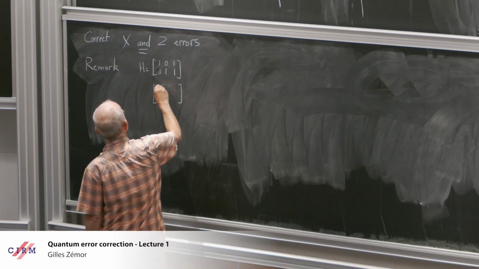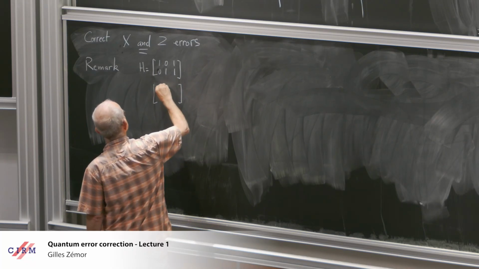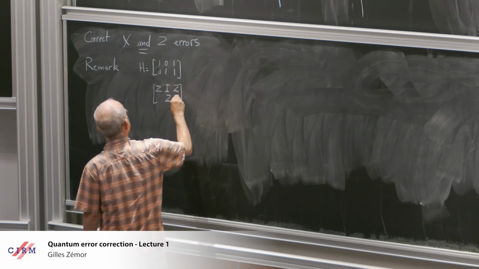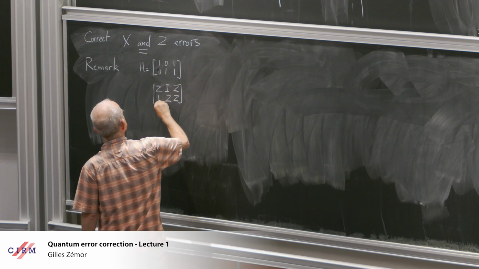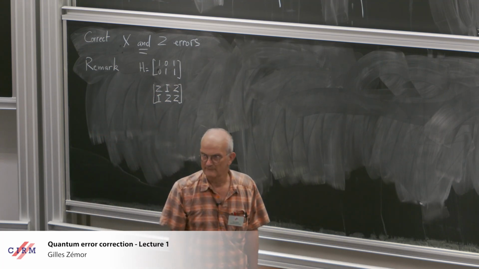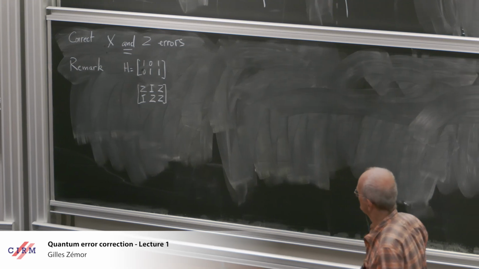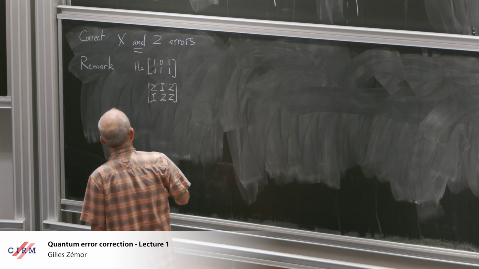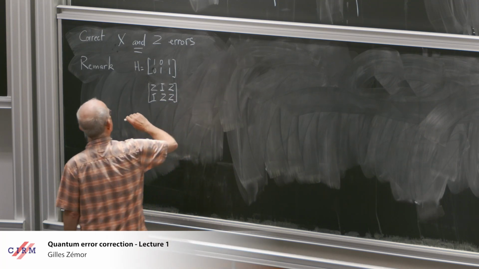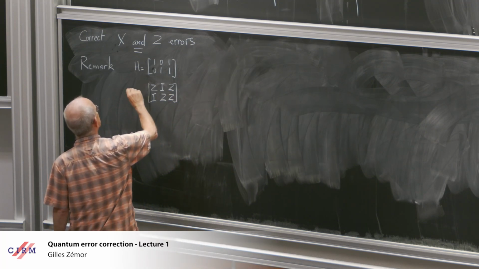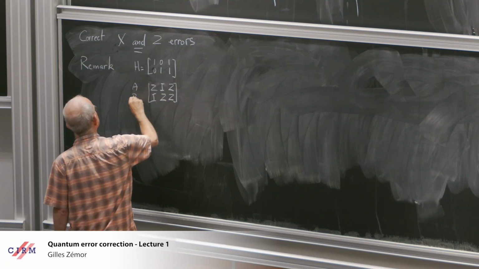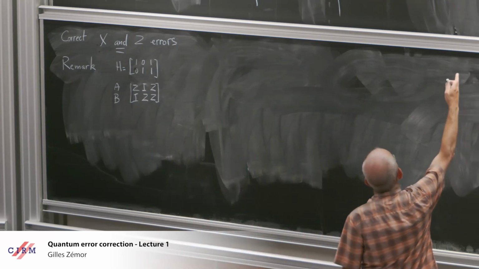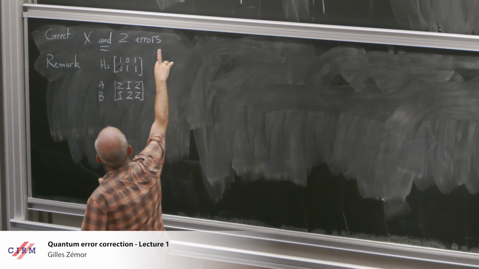So let me replace the 1s by Z and 0s by identities. And let me make this remark. These two Pauli operators, maybe let me call them A and B, they stabilize our quantum state here.